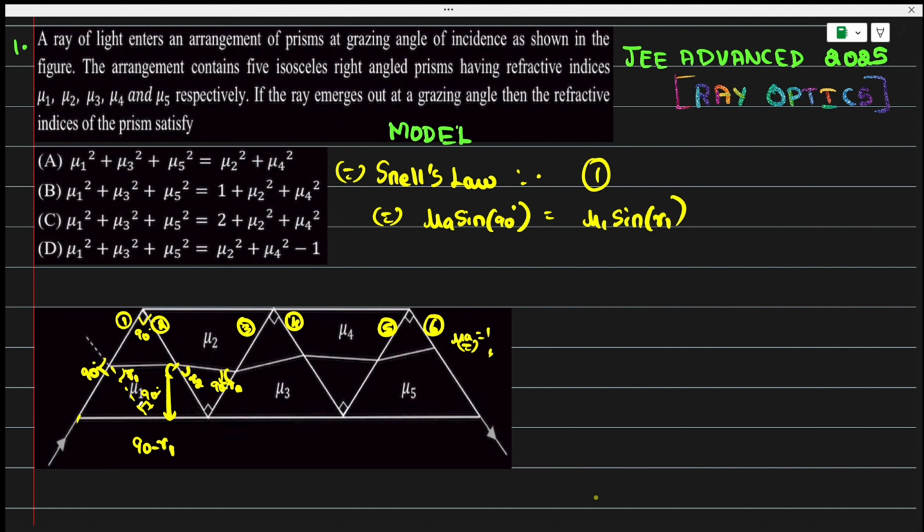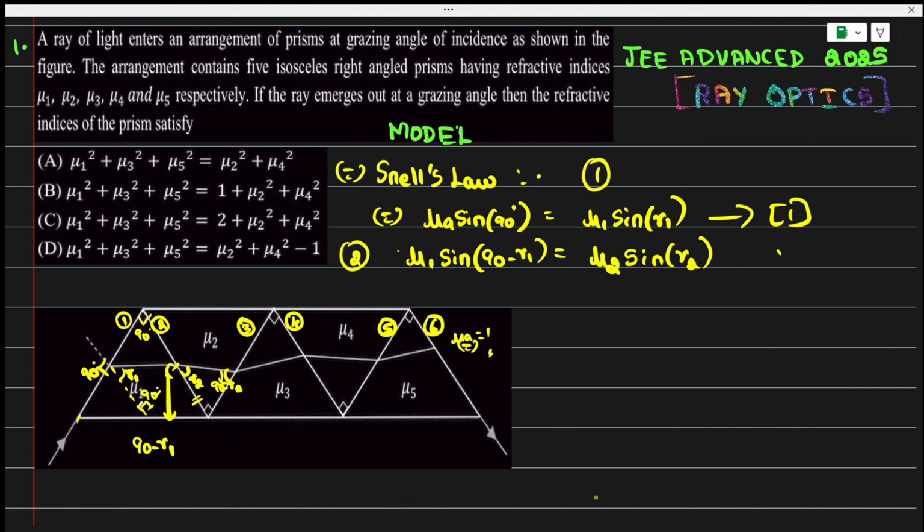Now let's separate. There are 6 planar surfaces, so there will be 6 equations. For planar surface 2, mu1 into sine of 90 minus r1, as this is the angle of incidence for this planar surface, is equal to mu2 into sine of r2, as this is the refracted angle for this surface.